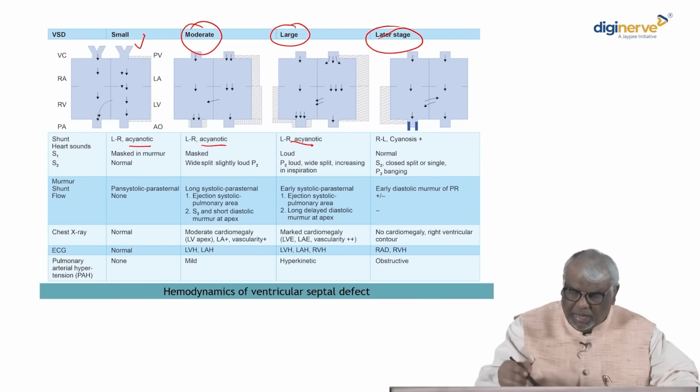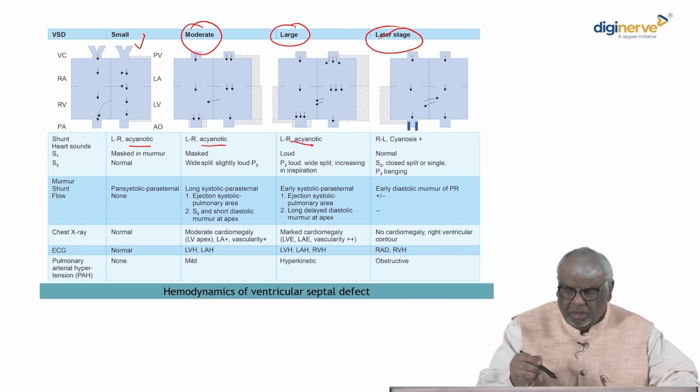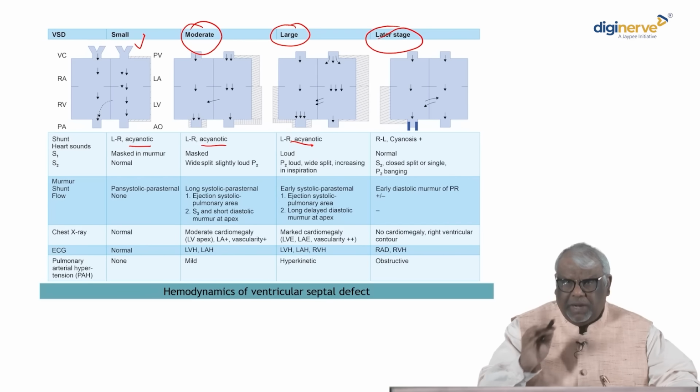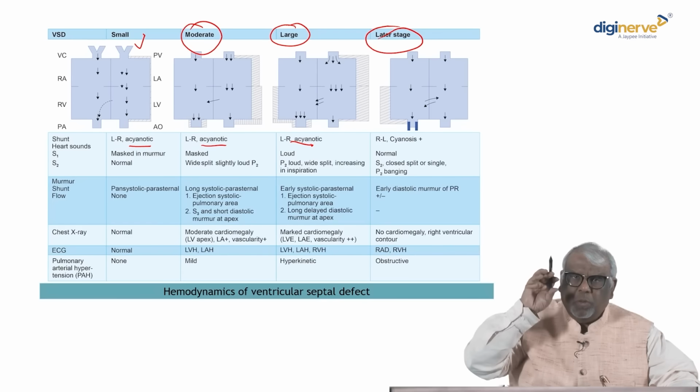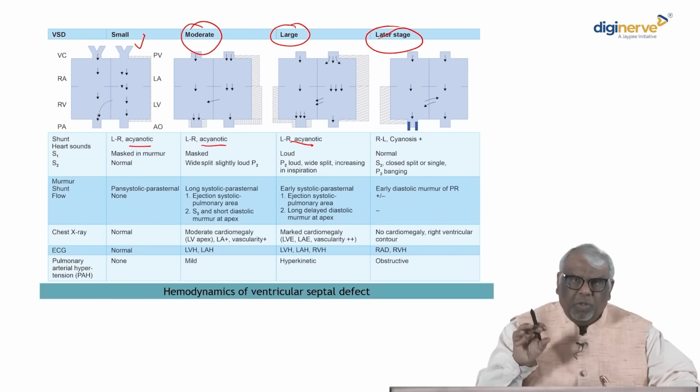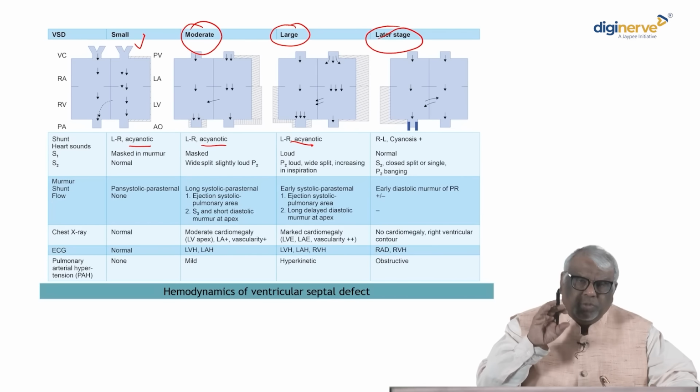However, at the later stage, when there is increased pulmonary arterial hypertension, this results in increased pressure in the pulmonary bed, and this results in changes in the pulmonary vasculature so that it obstructs the pulmonary flow. When the pulmonary flow is obstructed, this is known as obstructive pulmonary arterial hypertension.